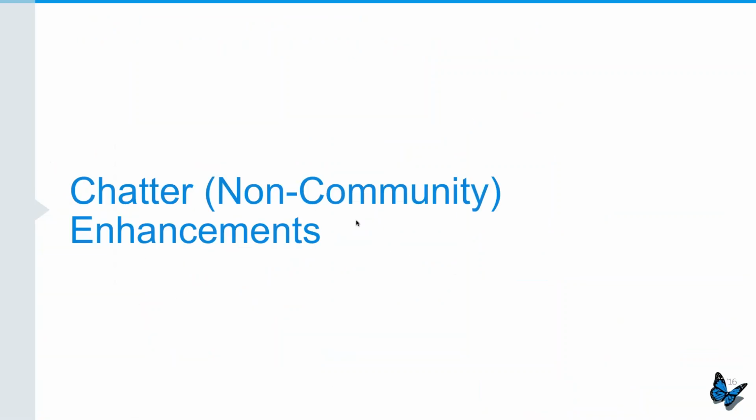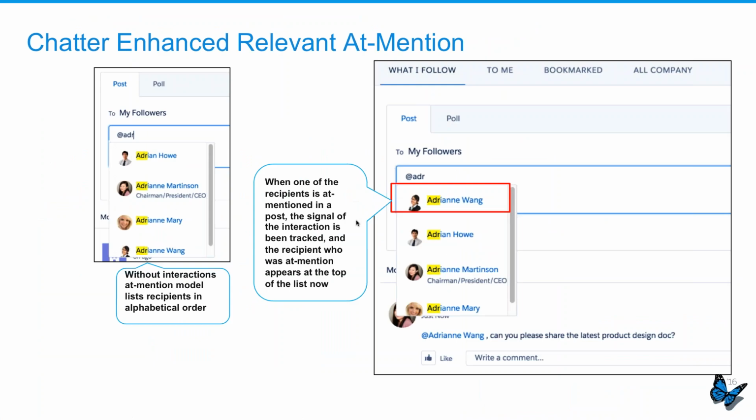All right. Some non-community Chatter enhancements that we've put in there. Prior to this, whenever you would start typing an @ mention, the list always came up alphabetical. But now if you're commenting on a post and somebody was already @ mentioned in there, and you start typing @ and then A, that person would show up.